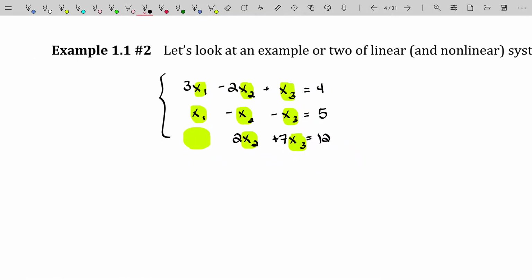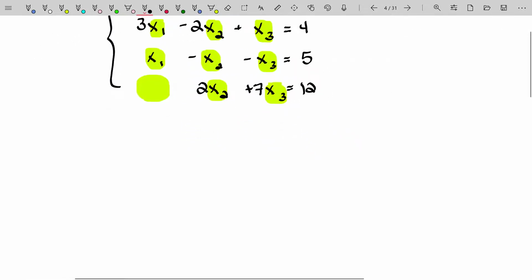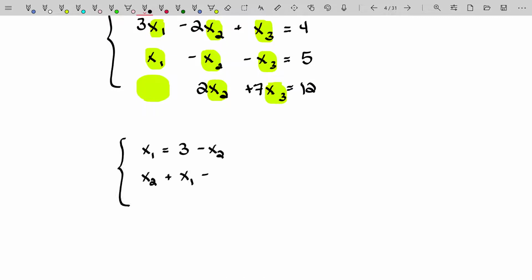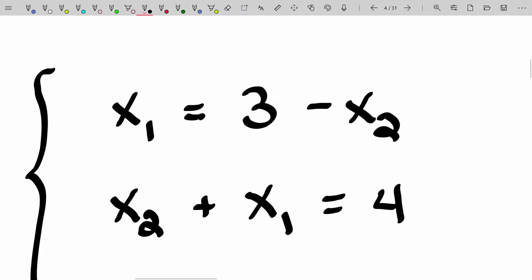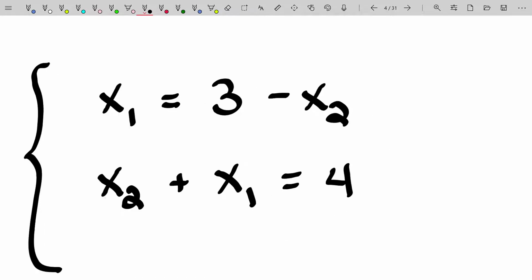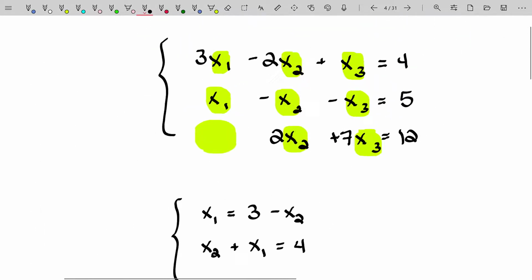Let's go ahead and take a look at a different version of a linear system. Notice in this linear system, I just have two equations, and each equation just has two unknowns. Also notice I don't have it written in a nice pretty form. The pretty form, which is what I had up here, is where we had everything stacked nicely, right?